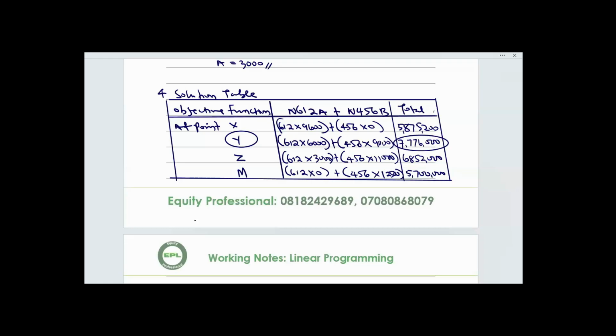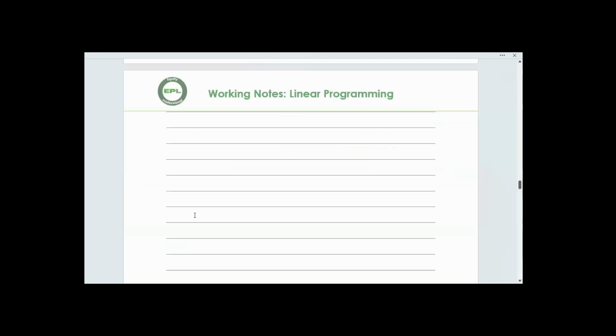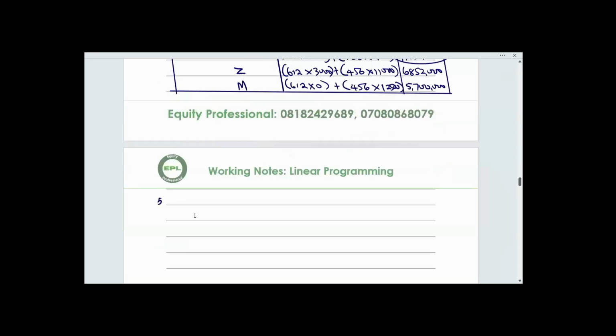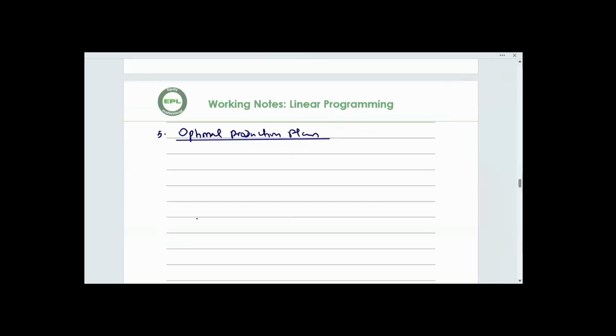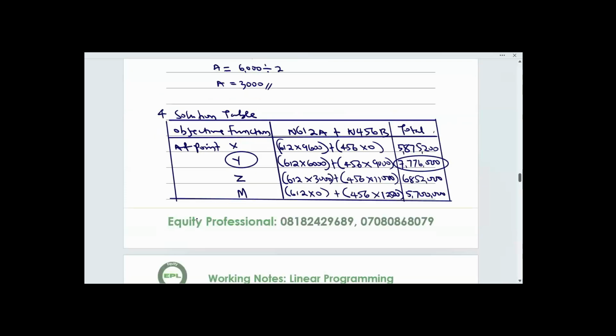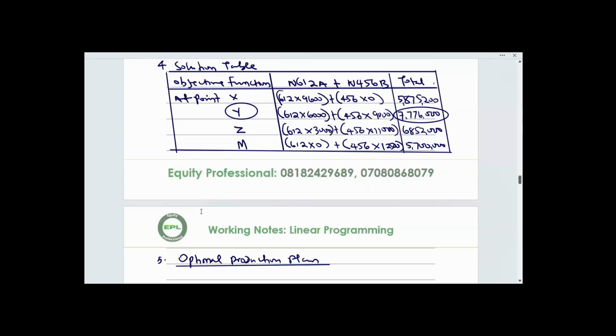What that simply means is that to now get the optimal production plan, step 5, the company should produce, based on our decision, 6,000 units of grade A and then 9,000 units of grade B in order to maximize contribution of 7,776,000.